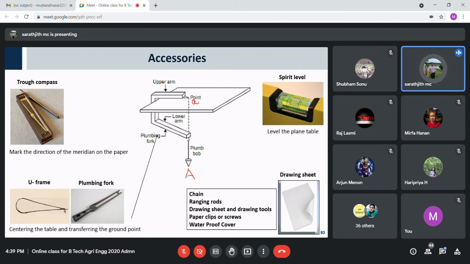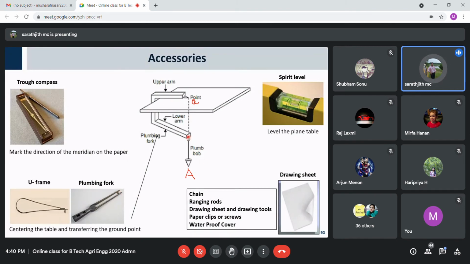So you have a ground point A and you want to mark this point on your drawing sheet. So you hang a plumb bob over this point A, and that will be attached with the plumbing fork or the U frame. The U frame has two rings on which you can attach the plumb bob, and it will have some arrangement to hang the plumb bob.